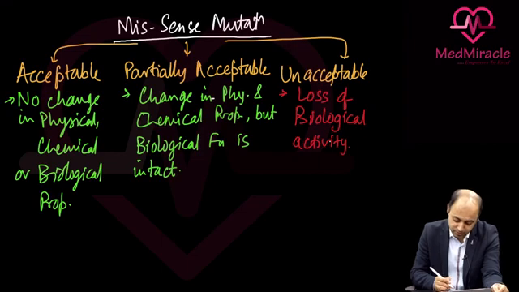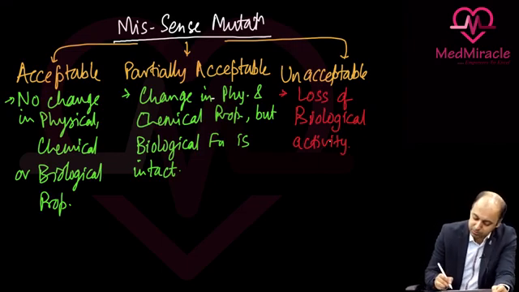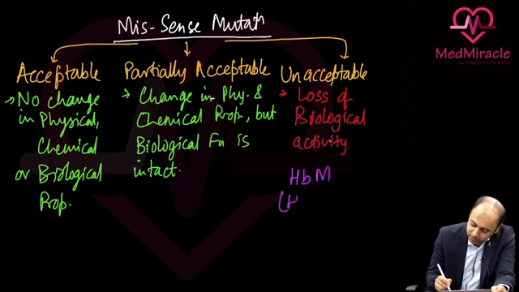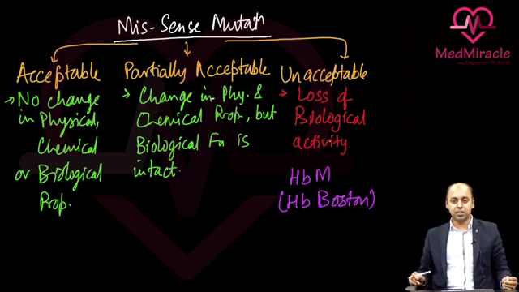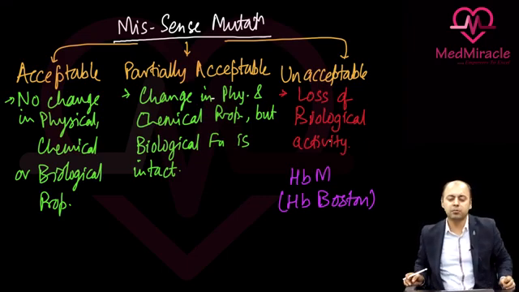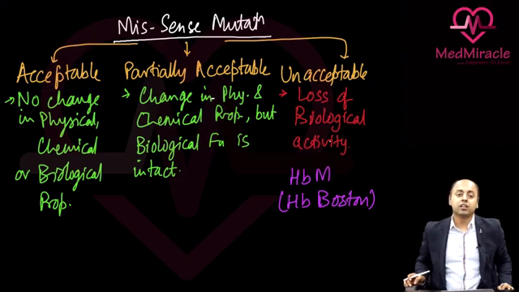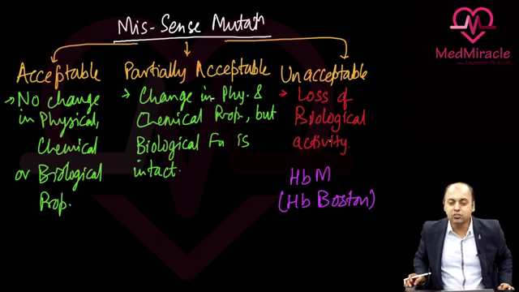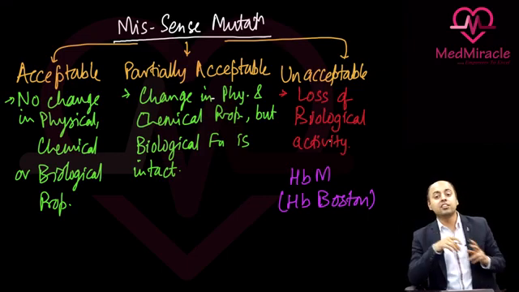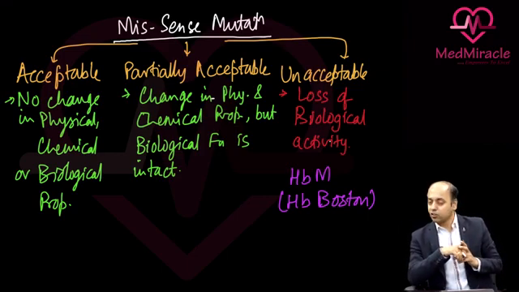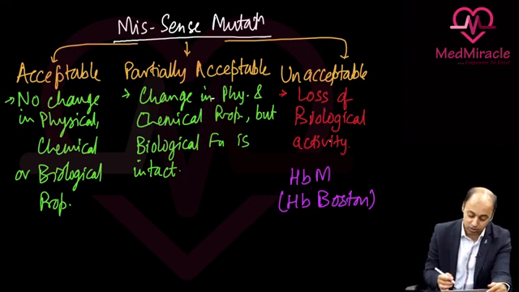We'll take some examples. Example of unacceptable missense mutation is HBM, also known as hemoglobin Boston. This is the inherited methemoglobinemia, where histidine is typically replaced by tryptophan, and the amino acid is unable to maintain iron in the reduced state. It gets oxidized to the Fe3 plus condition, whereby it cannot transport the oxygen.